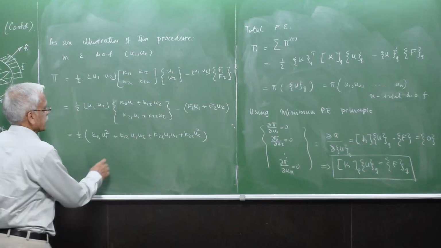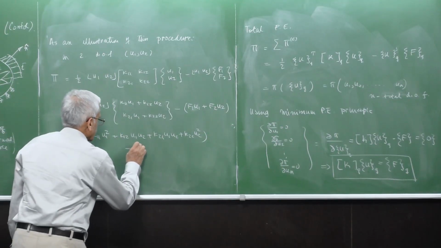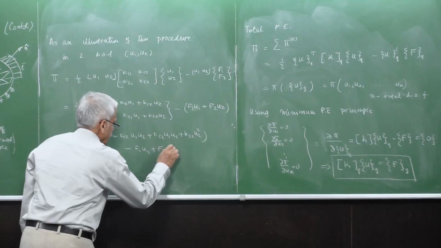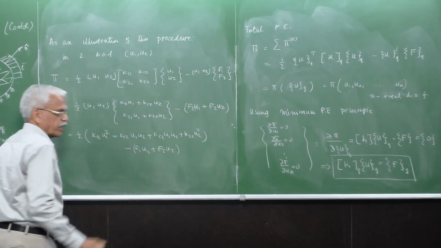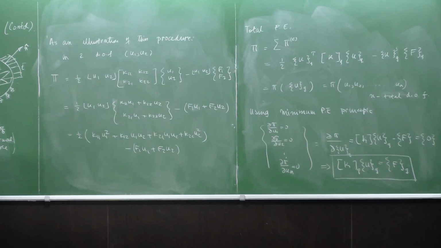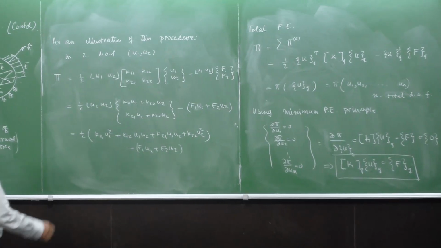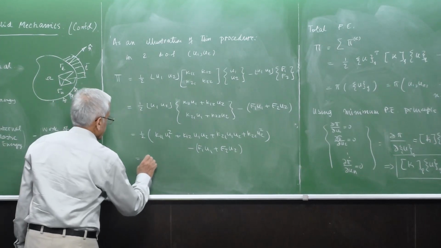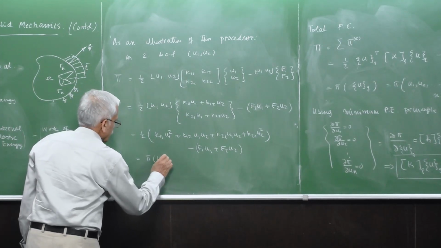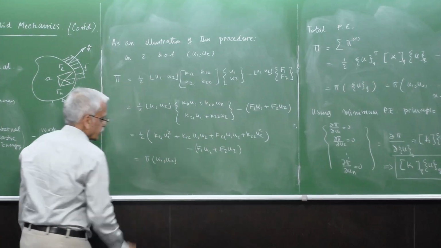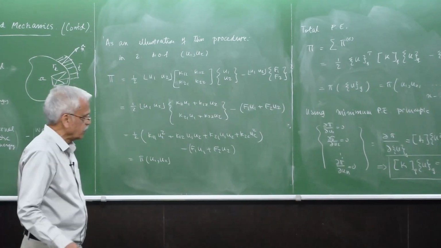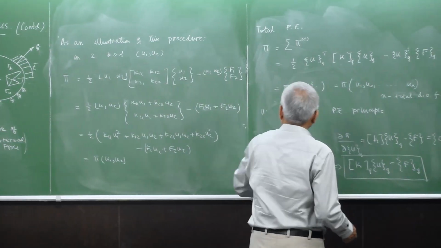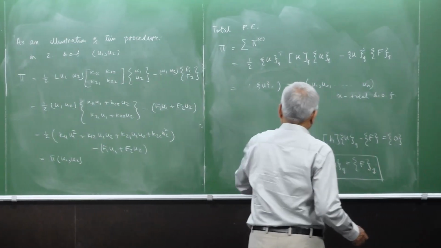This is the expansion, minus F1 U1, minus F2 U2. This is completely scalar, and this is the potential energy. Obviously, this Pi is a function of U1, U2.